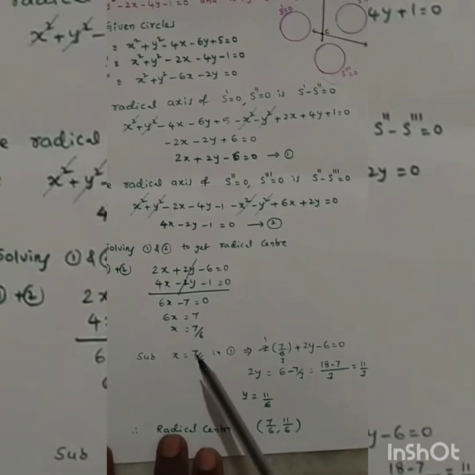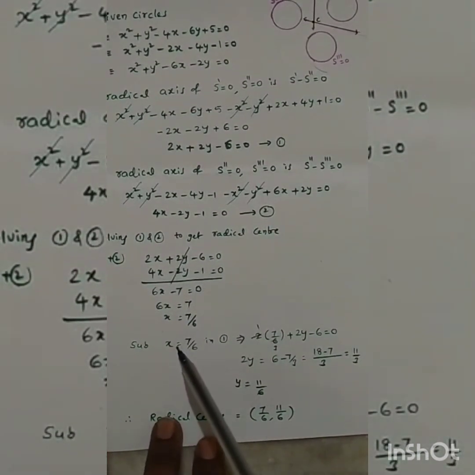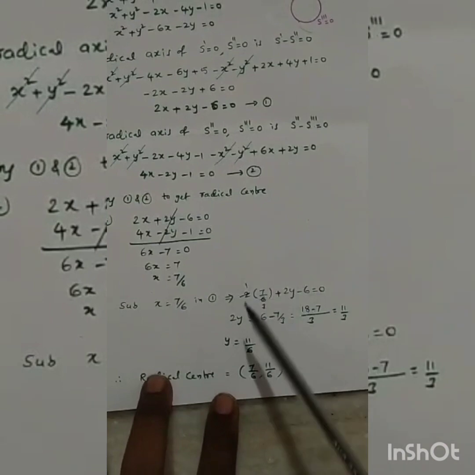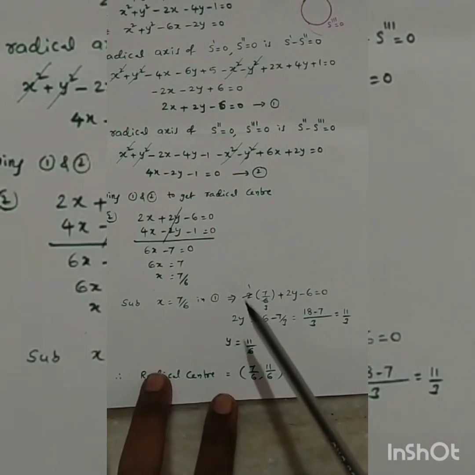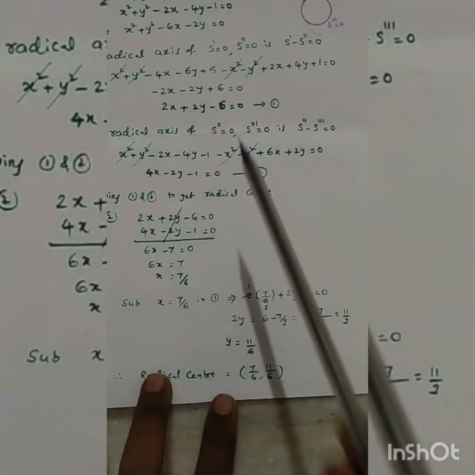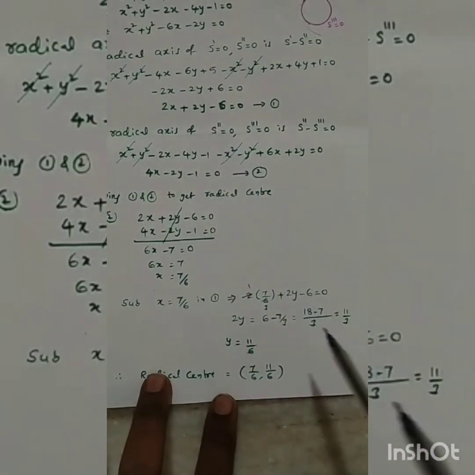We got the x value. So to get the y value, how do you do it? You substitute this x is equal to 7 by 6 in either equation 1 or equation 2. So I am substituting in the first equation: 2 into 7 by 6 plus 2y as it is minus 6 equal to 0.